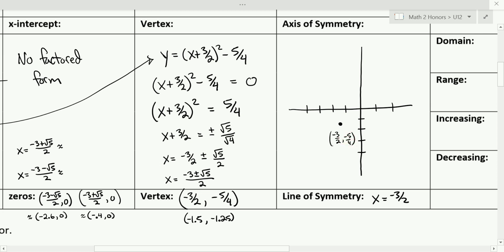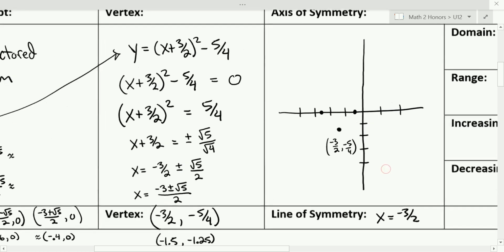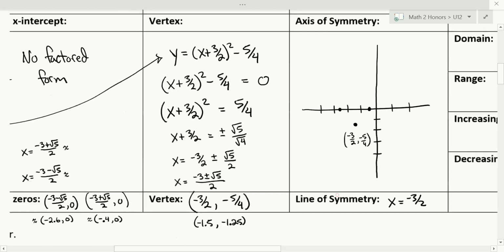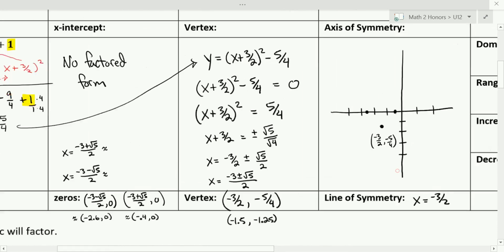And then my zeros, -2.6 and -0.4. And then our y-intercept was 0, 1, I think. Yep.